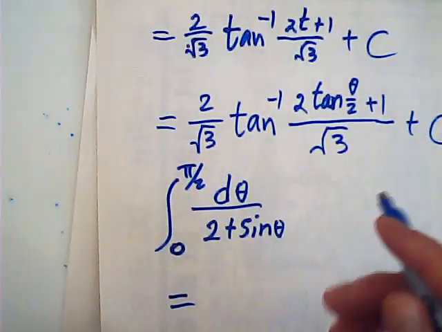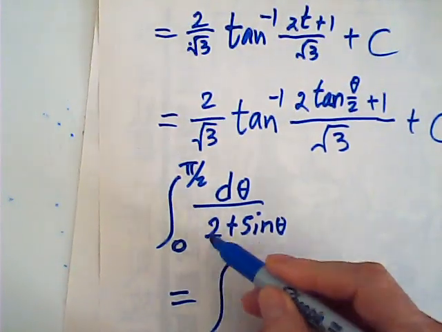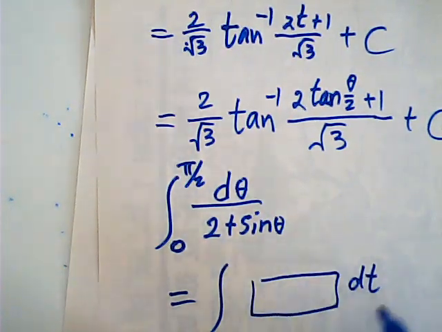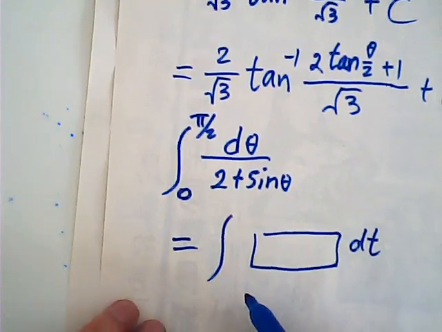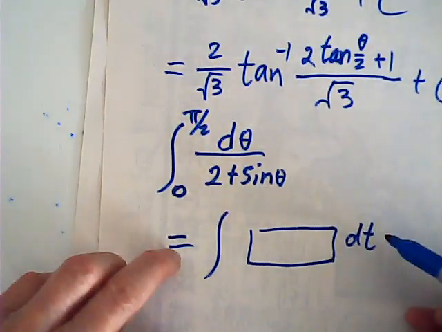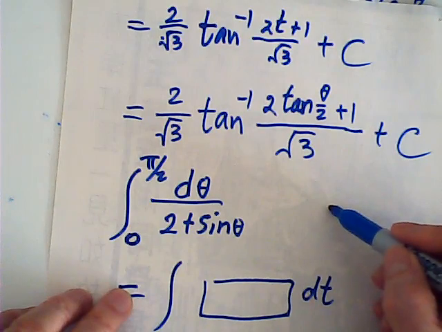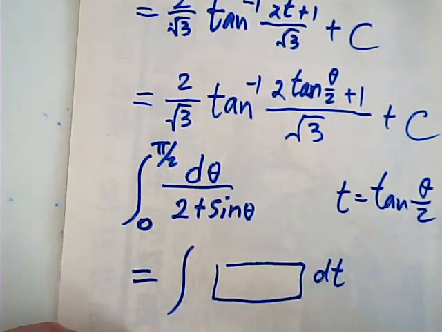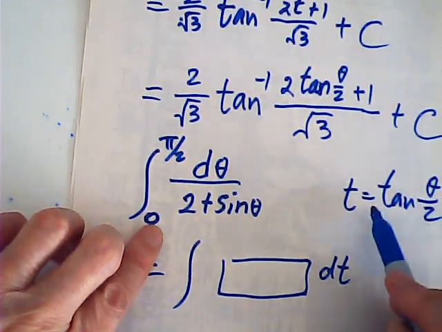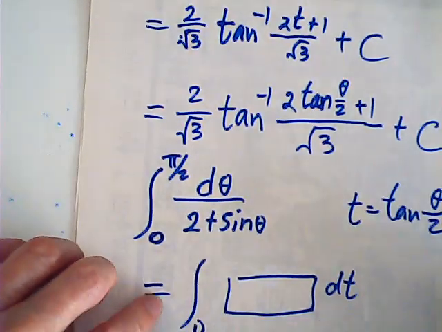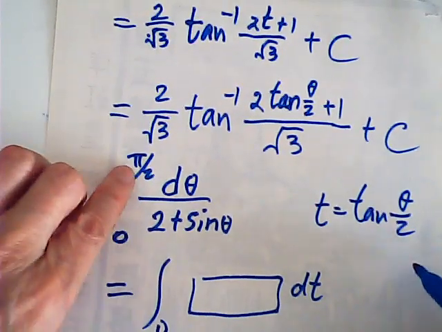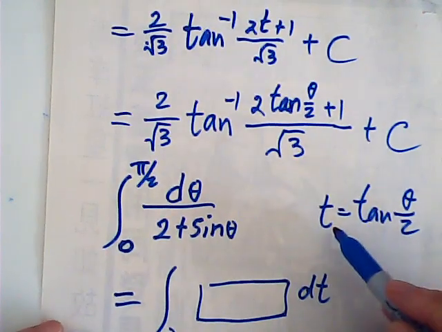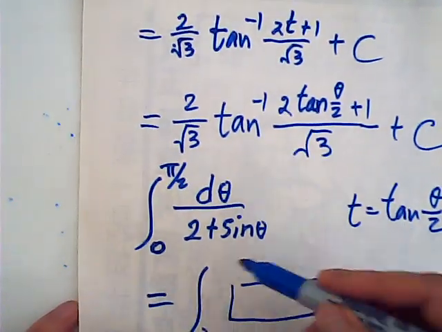This is dt, right? We change this one to 2. Now let me omit writing this one, right? This is when t is equal to tangent half theta. When theta is 0, t is 0, right? When theta is half pi, then tangent of quarter pi, t must be equal to 1, right?